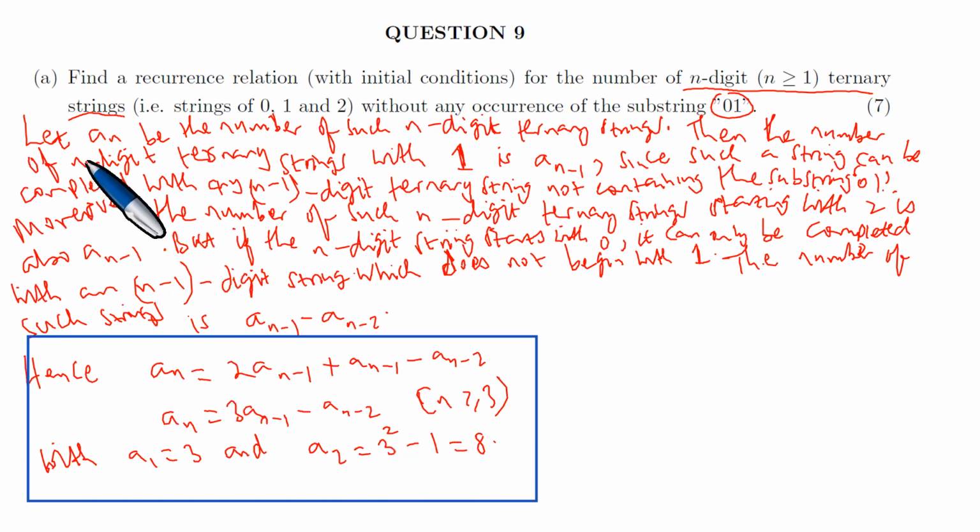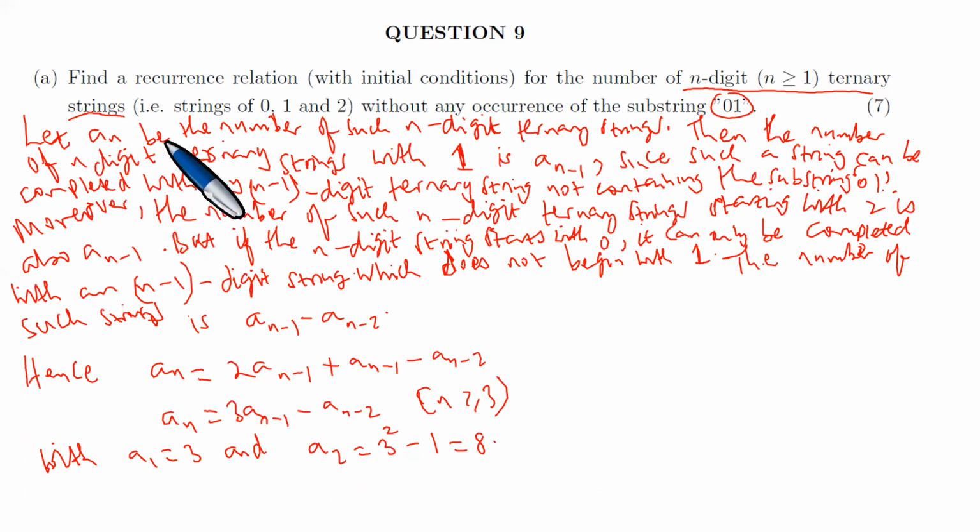So obviously, we understand therefore that if you let a_n be the number of such n-digit ternary strings, so it's the number of all the strings. The number of all the strings is formed by the possible combinations of the strings. But the first we looked at is a_{n-1}, the number of the n-digit ternary strings with 1.